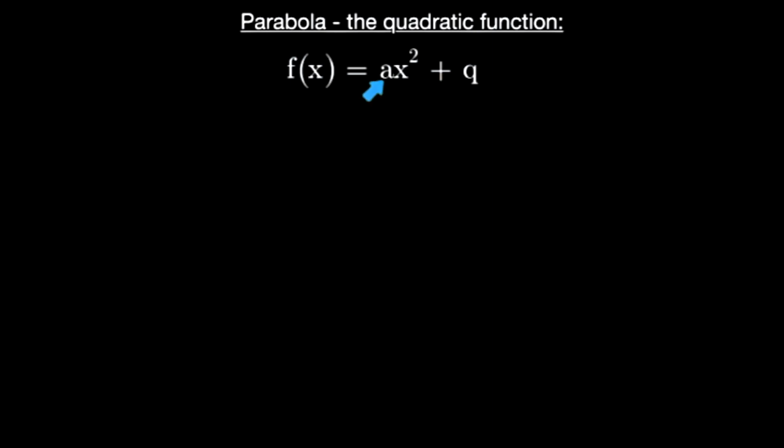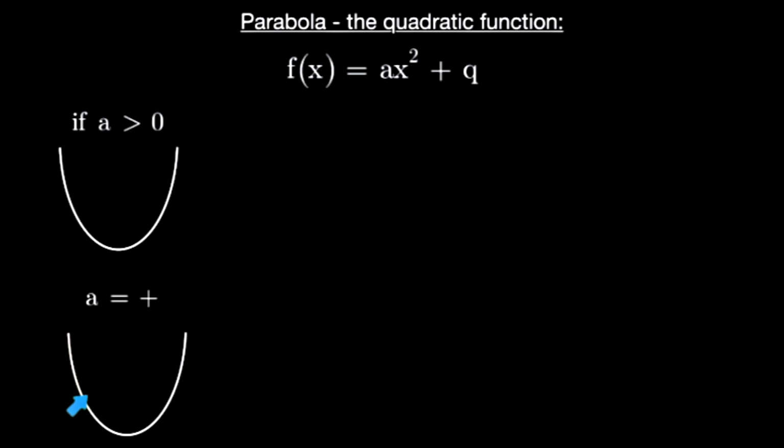Well, this a, which is the coefficient of the x squared, tells us whether we draw the parabola with its legs pointing up or down. So if a is greater than 0, our legs are pointing up. What does it mean if a is greater than 0? Well, a is equal to a positive number.